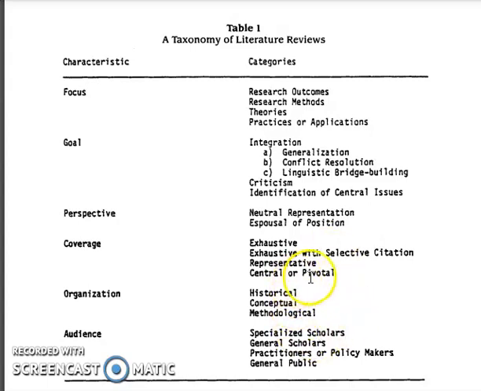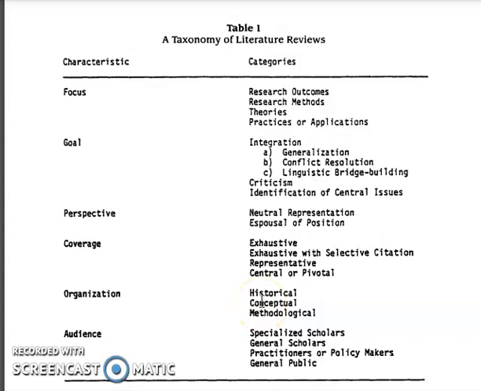Then we have the central or the pivotal coverage. That means only the central theories are considered and only work related to them are presented. That means a particular group has been selected and work related to only that particular topic is presented in the review paper.